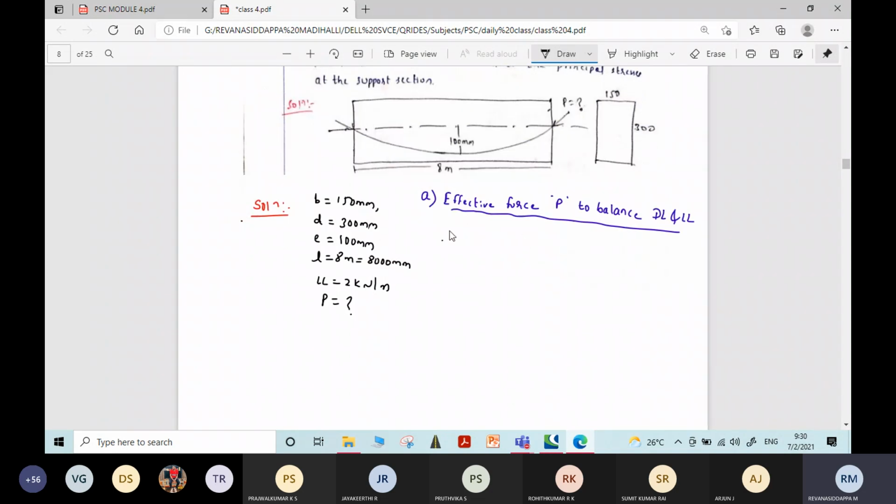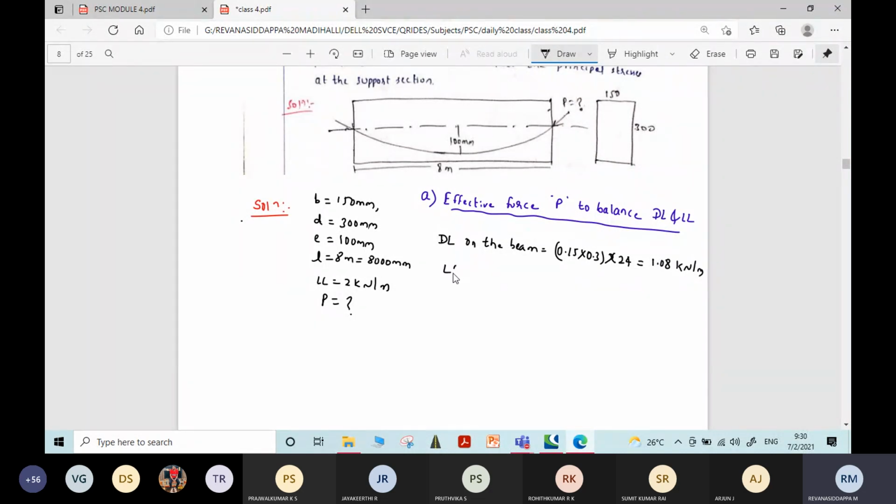Dead load on the beam is equal to the cross section given, 0.15 into 0.3, density is 24. So what is the dead load of the beam? 1.08. Yes, 1.08 kilonewton per meter.